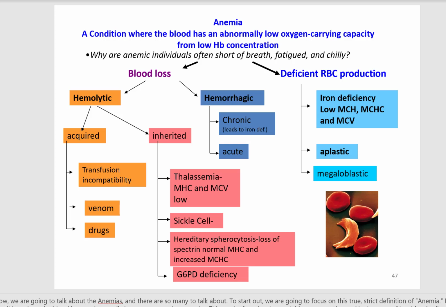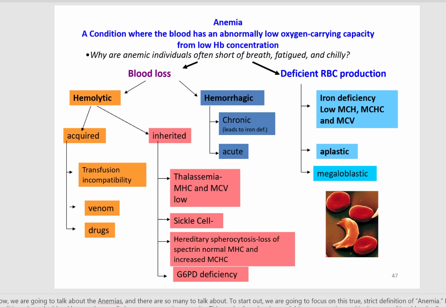Synthesis and removal should balance each other. To the right of your screen, I'm showing you deficient red blood cell production. You can't make your red blood cells well. There's a problem with overall releasing them from the bone marrow. These problems include iron deficiency, aplastic anemia, and megaloblastic anemia.